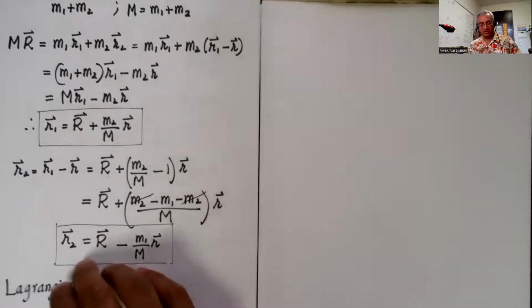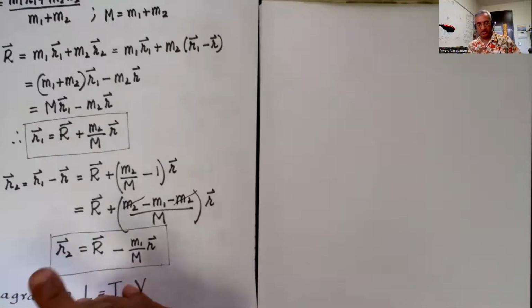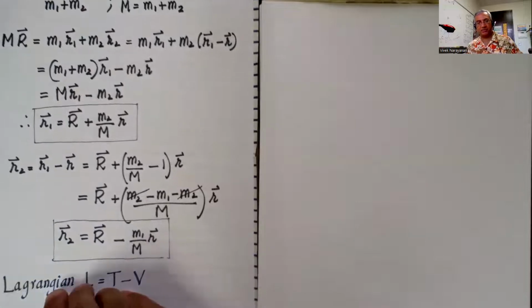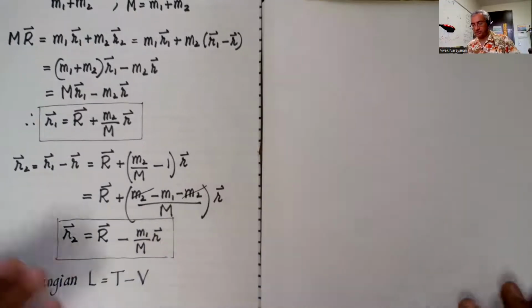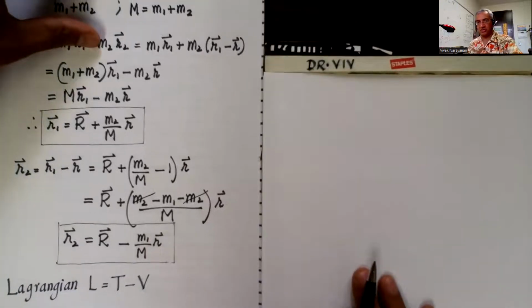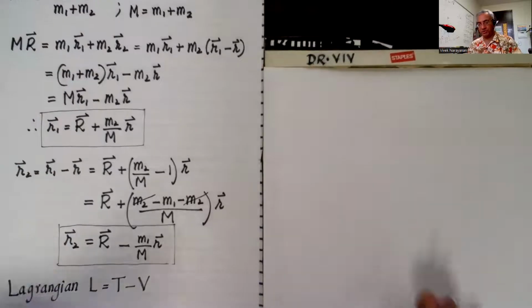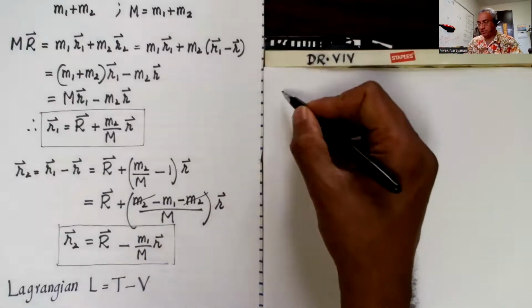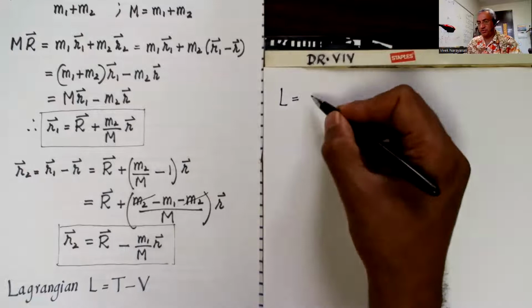So let's now figure out what the Lagrangian is. Well, the Lagrangian L is best written in terms of the original coordinates first, and then we'll simplify it to the new coordinates.